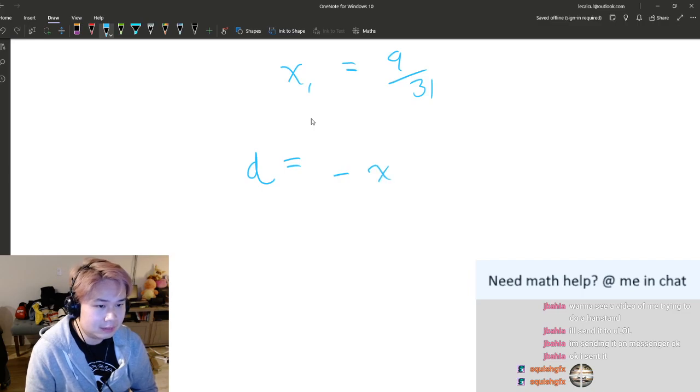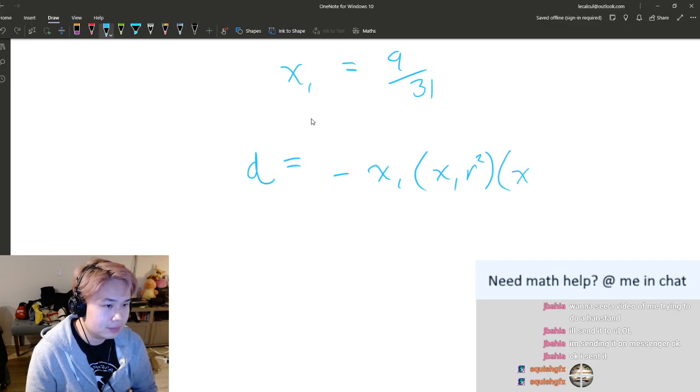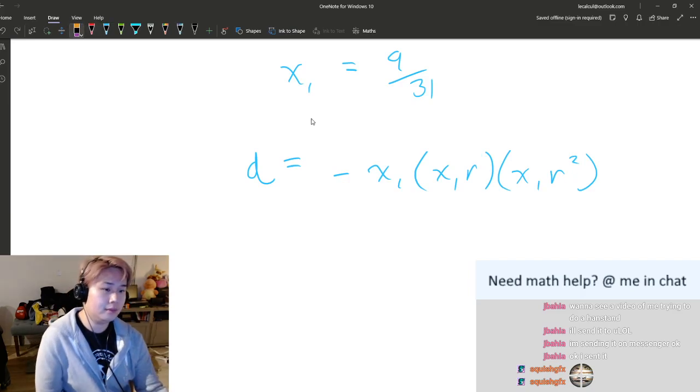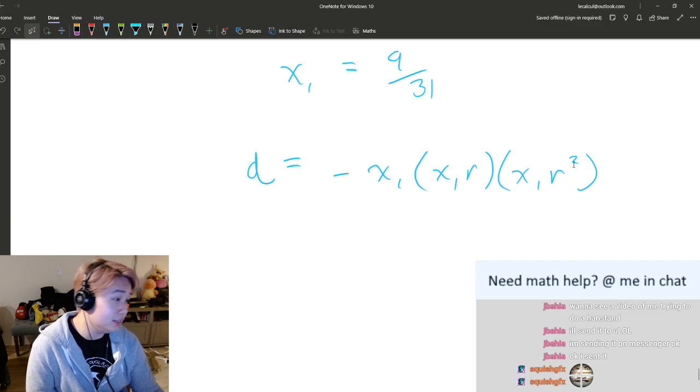So you have x1, you have x1 times r squared, x1 times r. Well, actually, that's in backwards order. So here's x1, that's x2, that's x3.